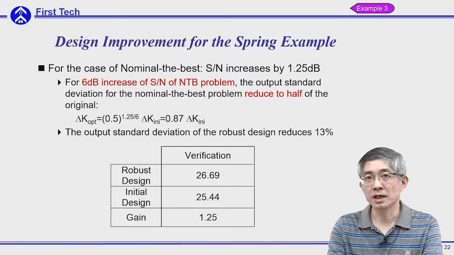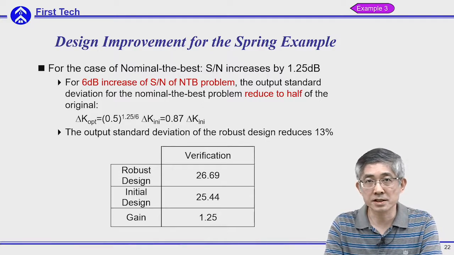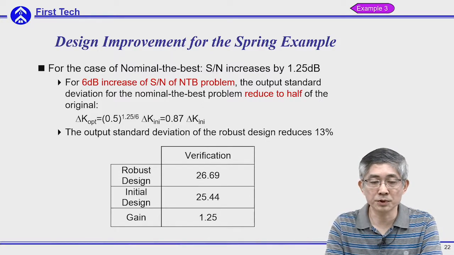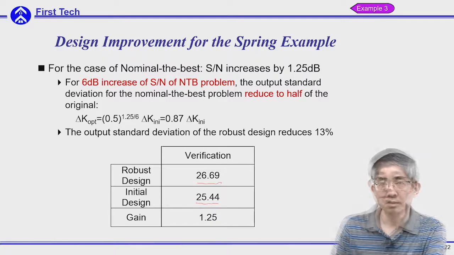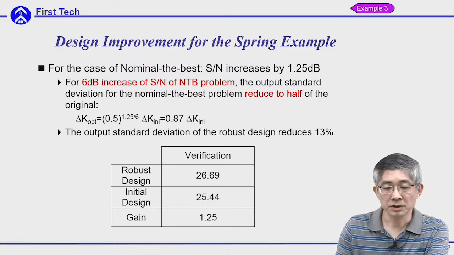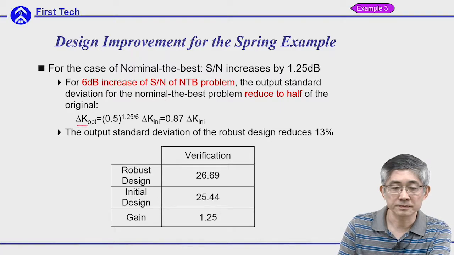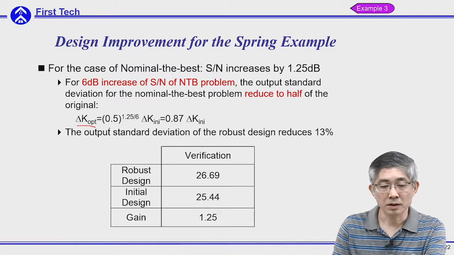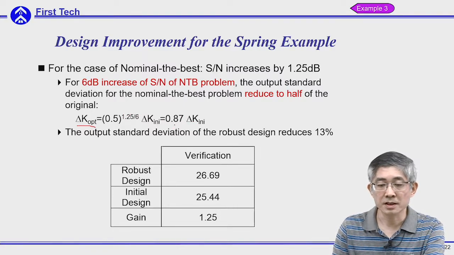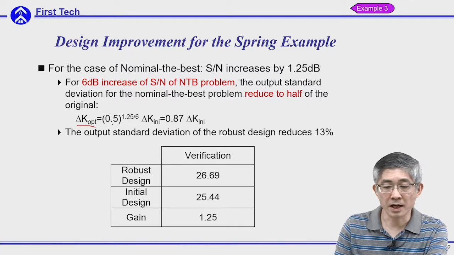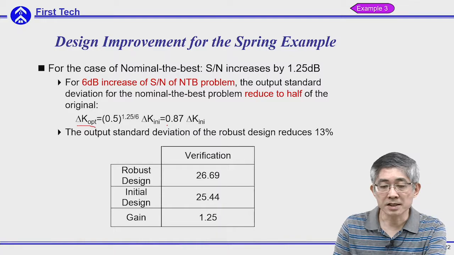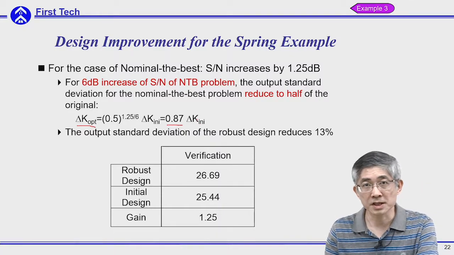Let's use this concept in the nominal the best design example for the cantilever spring. The improvement is 1.25 dB. So the standard deviation for the optimum design will be 1/2 to the power of 1.25 over 6, which is 0.87, meaning the output standard deviation of the optimal design is only 87% of the initial design.